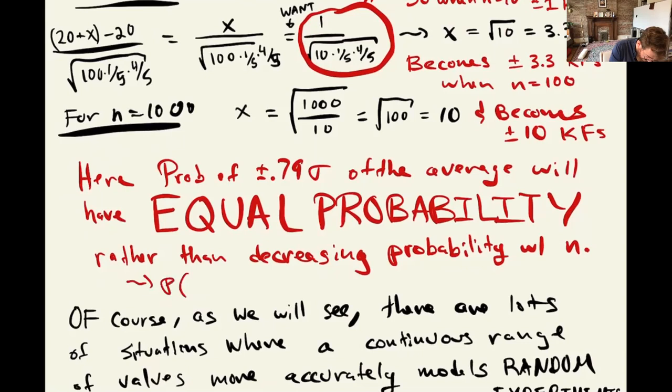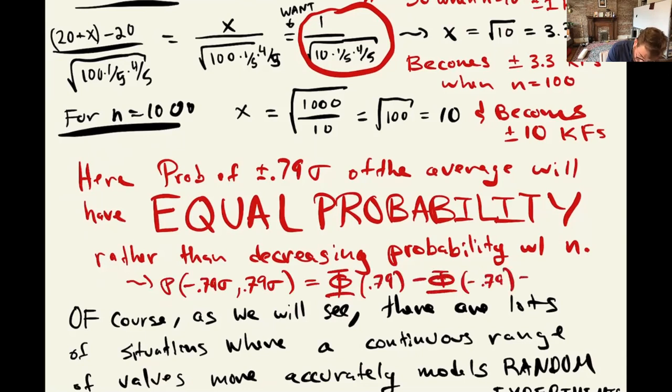The probability of being below 0.79 sigma and above by 0.79 sigma is going to turn out to be capital phi of 0.79 minus capital phi of minus 0.79, which, if you remember, is the same thing as 2 times capital phi of 0.79 minus 1.